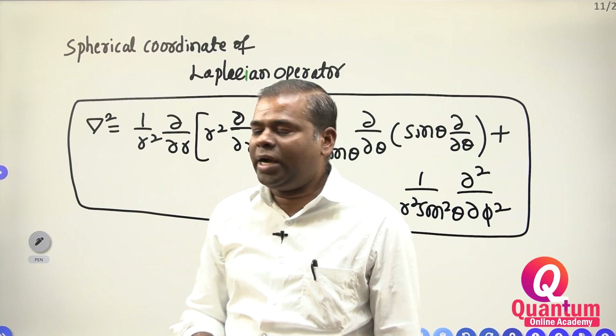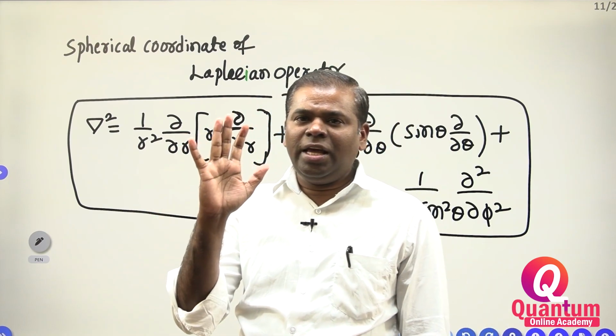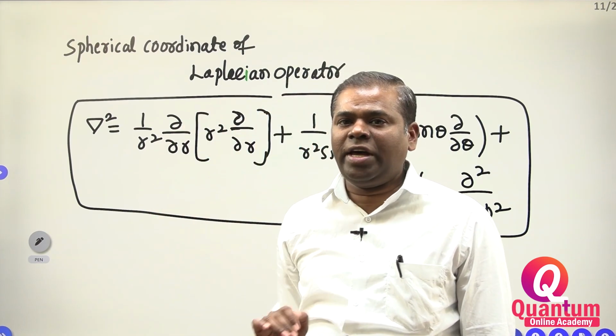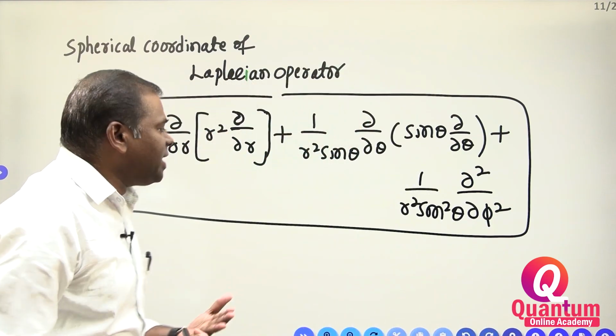This is very important in electromagnetic theory, these coordinates are very important. What is the Poisson equation?